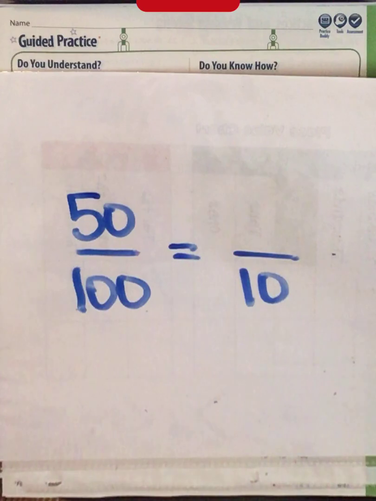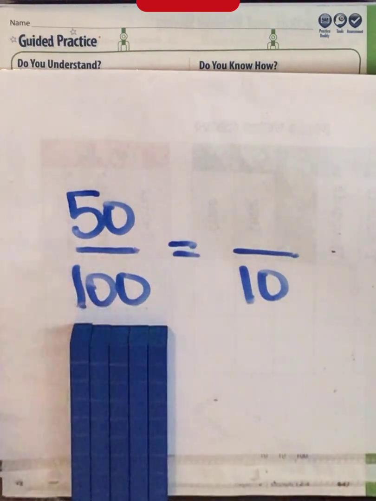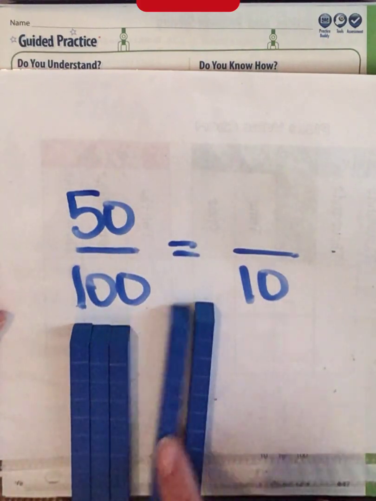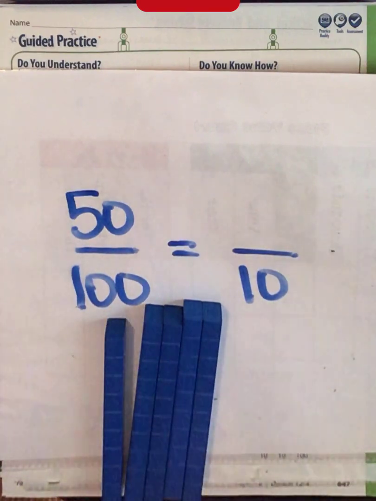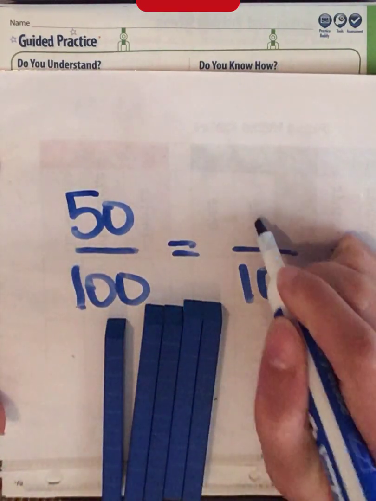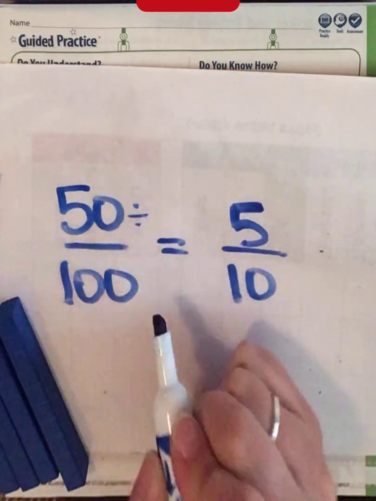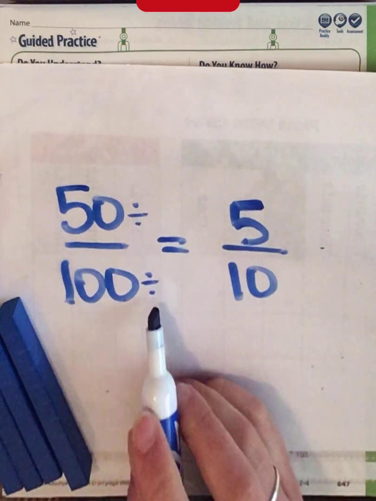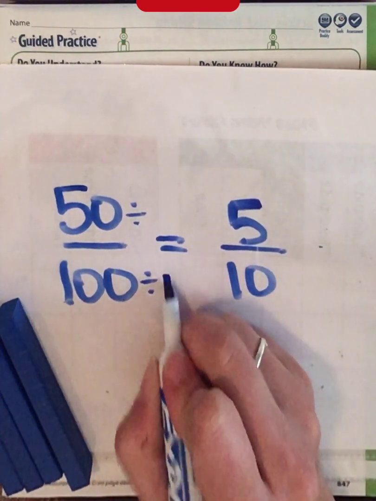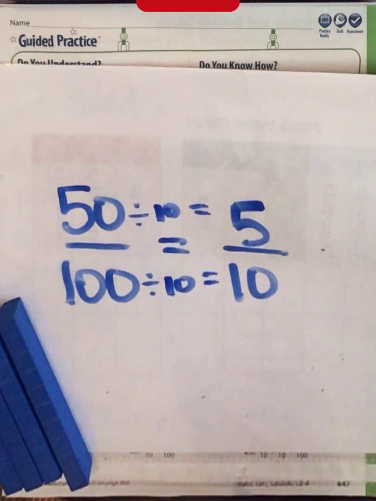So if I had 50 hundredths, how many tens do I have? 1, 2, 3, 4, 5. And I got that by dividing. 50 divided by what gives you 5? 10 divided by what gives you 1? You're dividing by 10 on top and bottom.